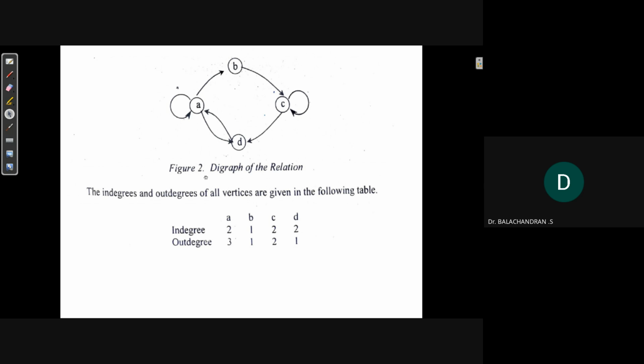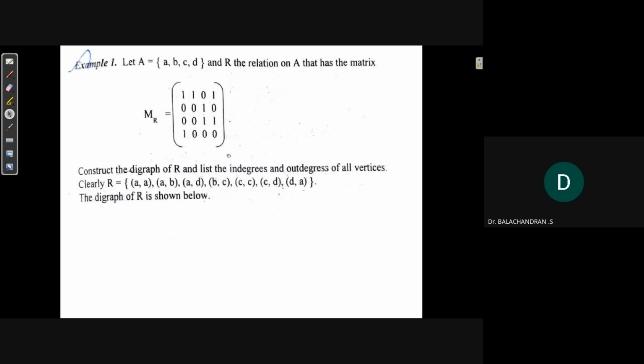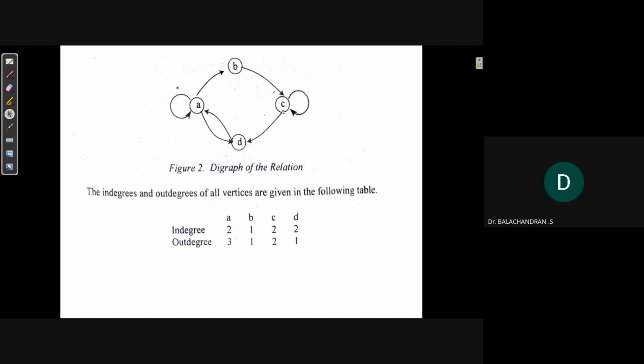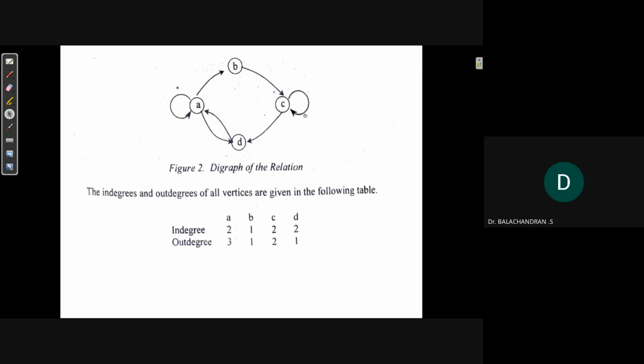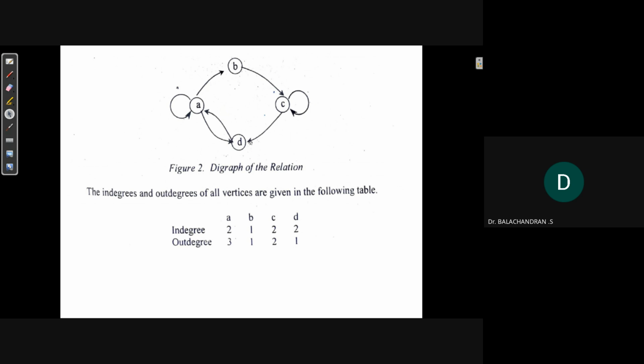Then A to B, so directed, here we have direction A to B. Next A to D, in this direction. Next B to C, the direction is towards C. Next C to C means a self loop, and then C to D, and then D to A is this. Now the digraph of the relation is over.